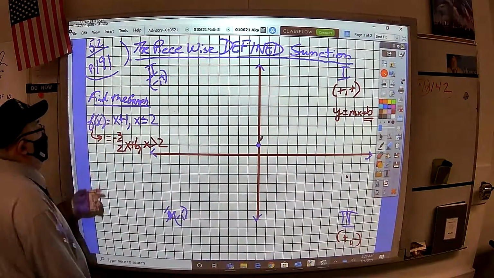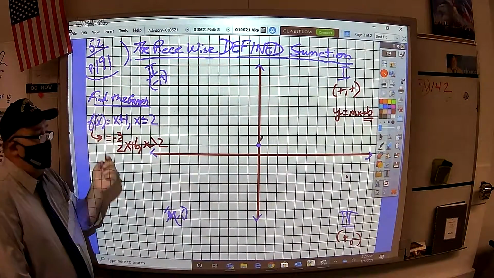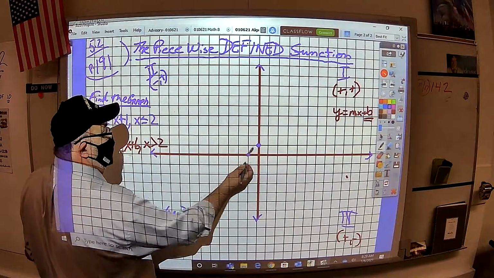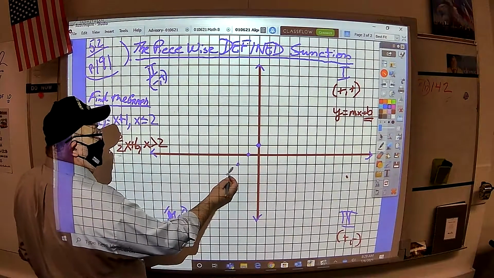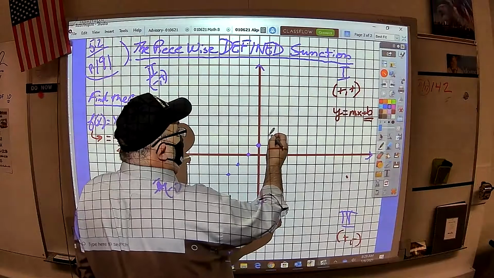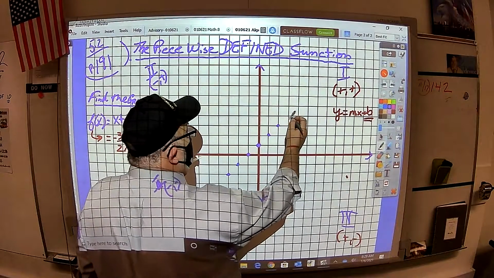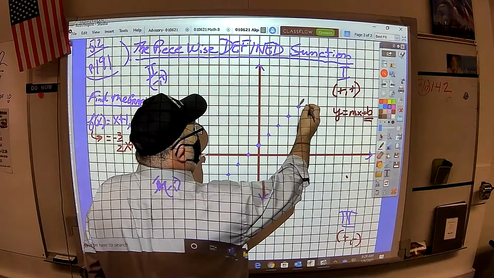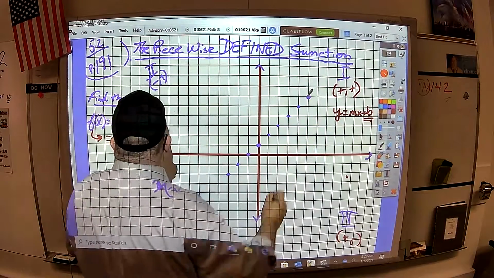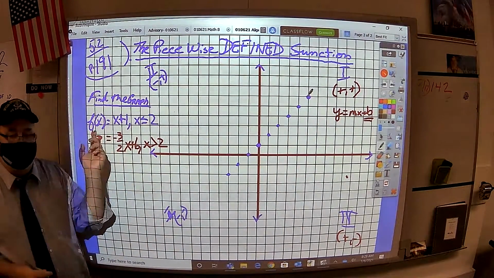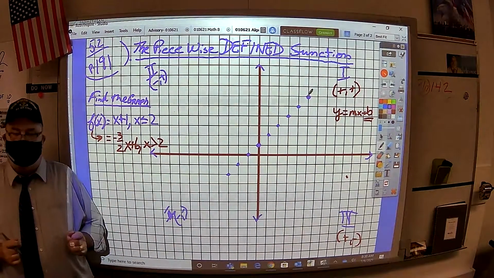And it's just x, so it's going to be here, here, here, and here. But remember, it has to be less than or equal to 2.